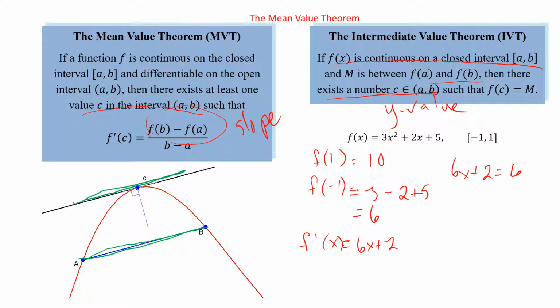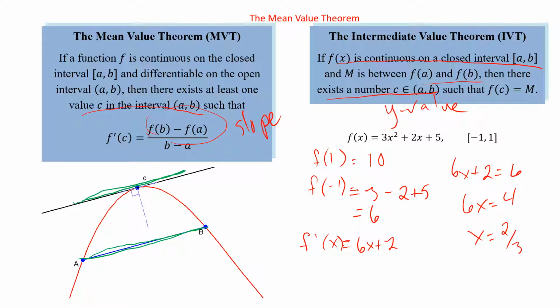We just need to figure out what that x is. We can subtract 2, so 6x equals 4. Divide by 6. X equals 4 over 6, or 2/3. That is in between -1 and 1. And it satisfies the conclusion of the mean value theorem.